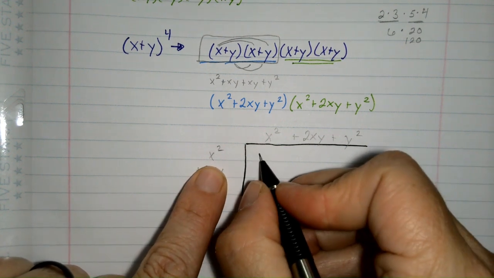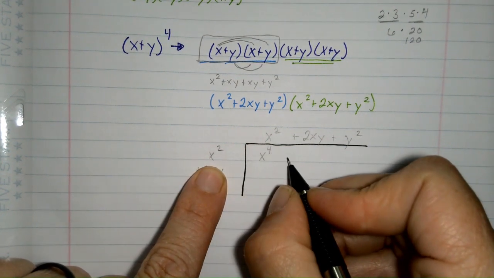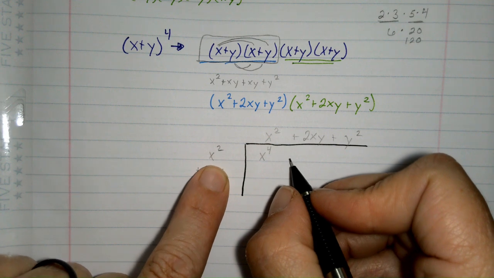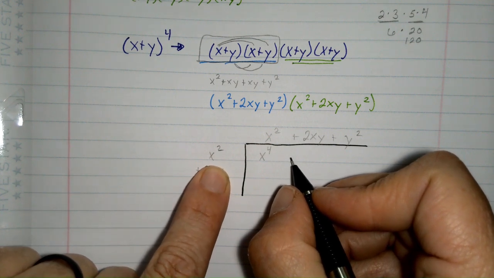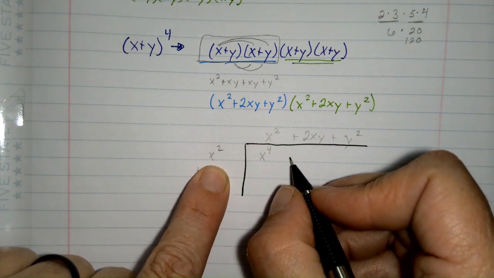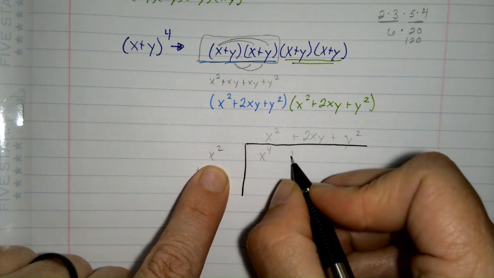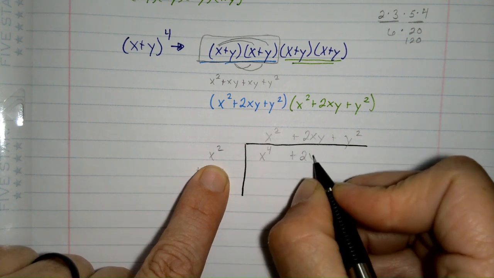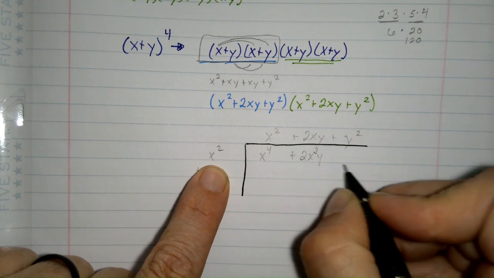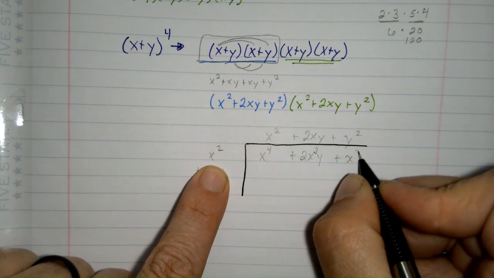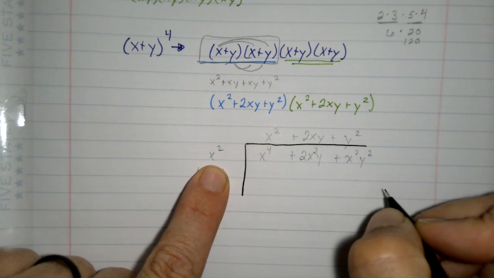So x squared times x squared is going to be x to the 4th. If you're having trouble thinking about that, think about it written out: xx, xx. That's why it's x to the 4th. This would be x cubed y. And this would be x squared y squared.